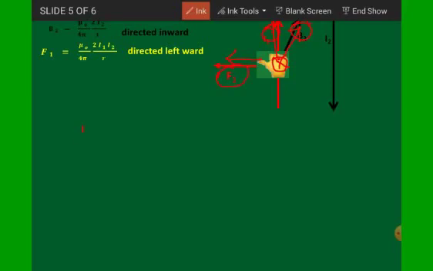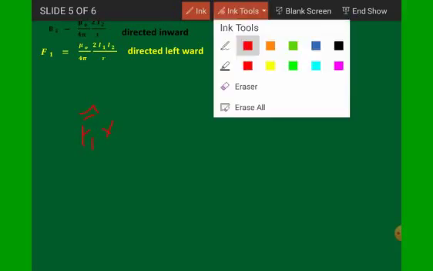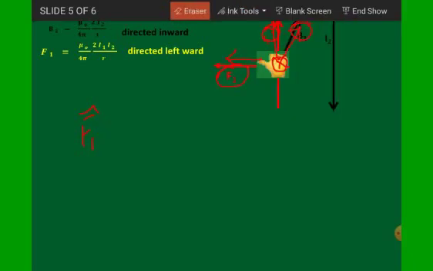Your force F1 can be expressed as I1L cross B2. Why B2? B2 is due to the current carrying conductor I2, this one. So when you curl your four fingers from the first vector to the second vector, the thumb gives you the direction of this force.